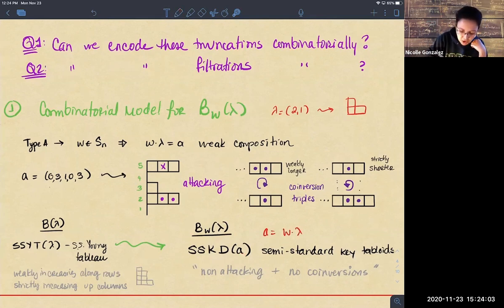So if we look at, for example, here, A would be 03103. This is the weak composition corresponding to the partition 33100. And when I say weak composition, I mean the fact that we're allowing zeros to be mixed around. And then W would just be the shortest word that sorts A to lambda, whatever permutation you get there.